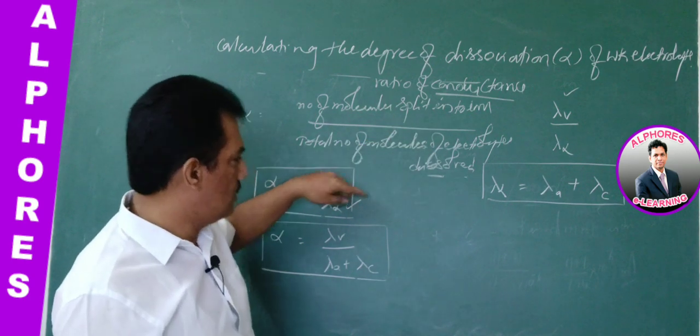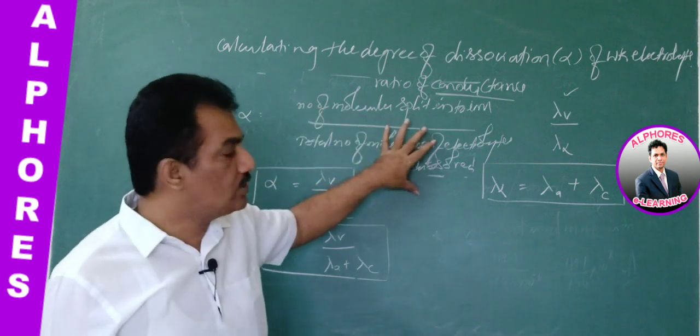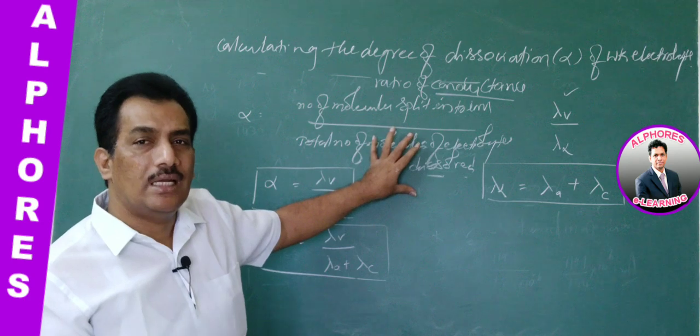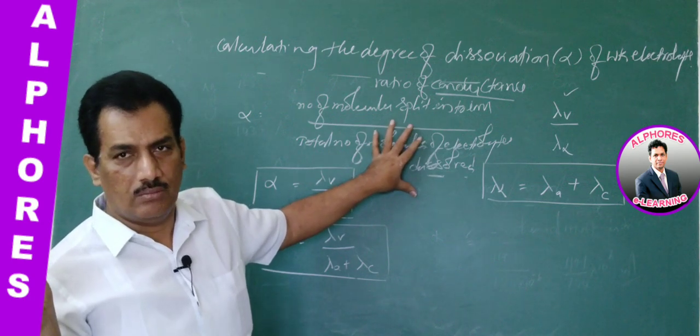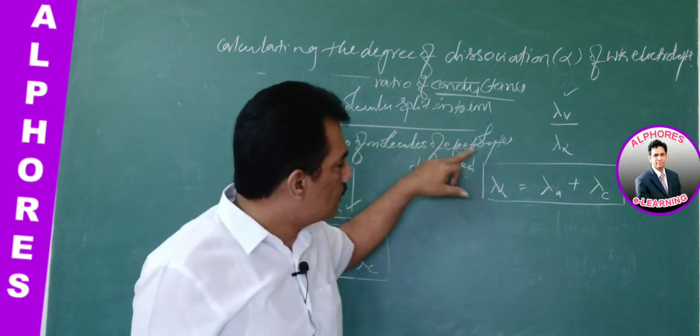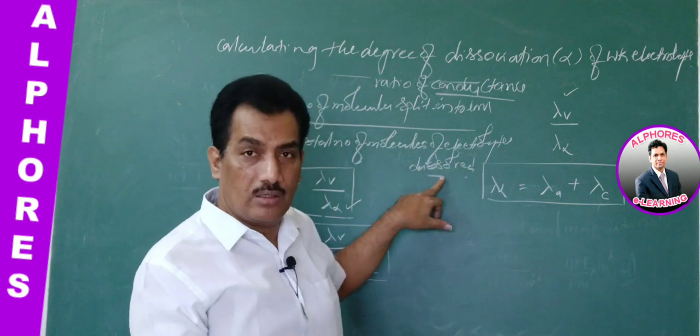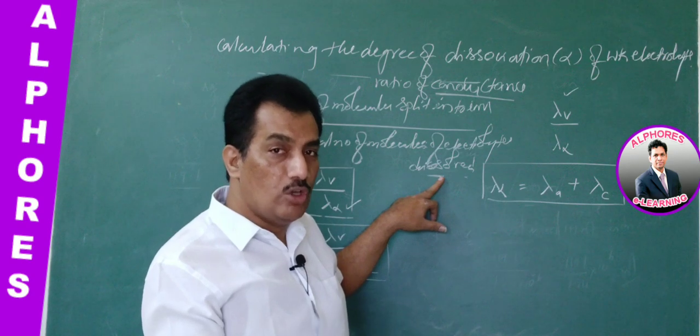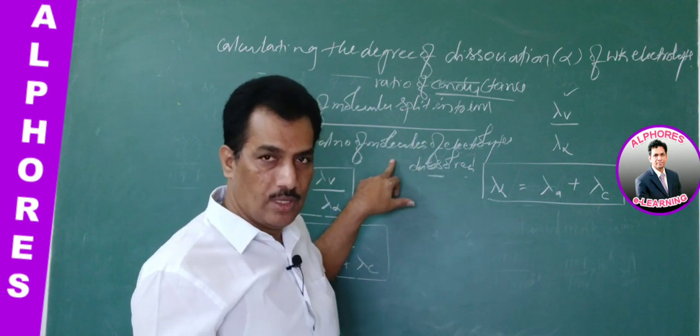Clear? And next, when the total number of molecules undergo 100% ionization, then automatically the conductance is at infinite dilution. So the molecules dissolved in the electrolyte are supposed to undergo 100% ionization, remember, not remain in molecular form.